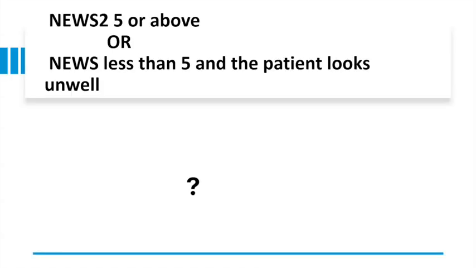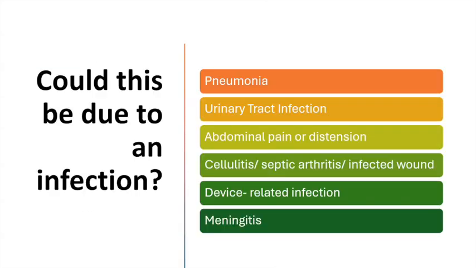If someone's NEWS score is 5 or above, or even less than 5, but the patient still looks unwell, what should we do? Think about it: could this be due to an infection?